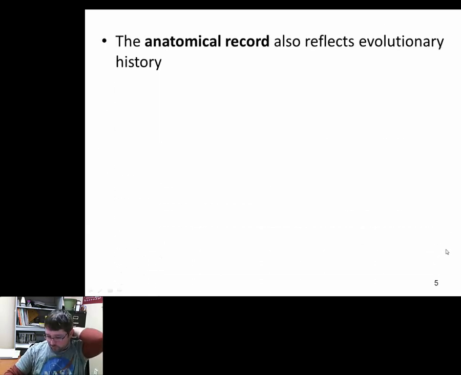Okay, another source that Darwin had was the anatomical record. Even though Darwin was not a big fan of surgery, he was actually fairly kind-hearted and really enjoyed the company of people, even though he was kind of a hermit and didn't interact with people very much later on in his life, and that probably was because he was always sick.